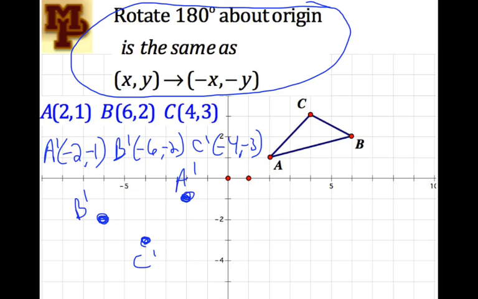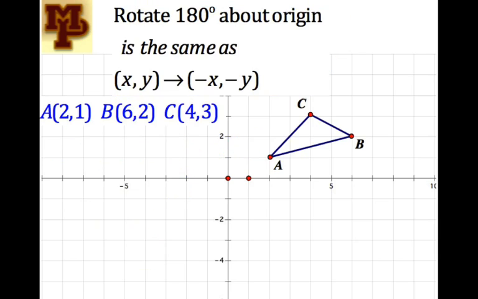Okay, so we got this here. So same, you know, it is a rigid transformation. The lengths of the segments are the same and everything. It's just been rotated 180 degrees. Sound good? Okay. All right.